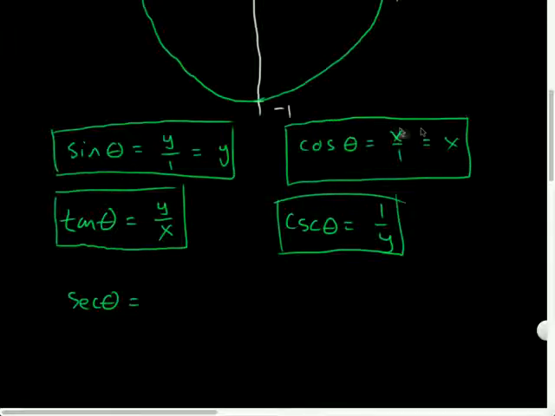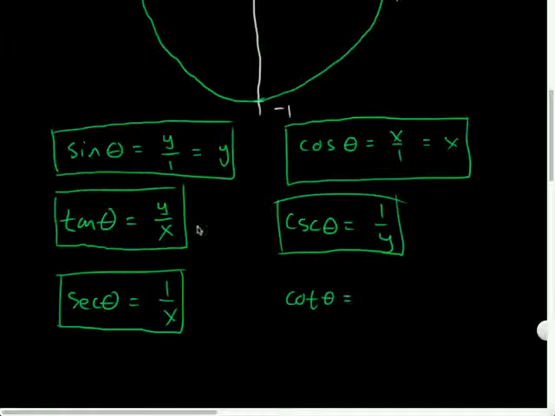Secant theta is the reciprocal of cosine, so that'd be 1 over x. And I could also find cotangent theta, which is the reciprocal of tangent, so that's x over y. Wonderful, friends.